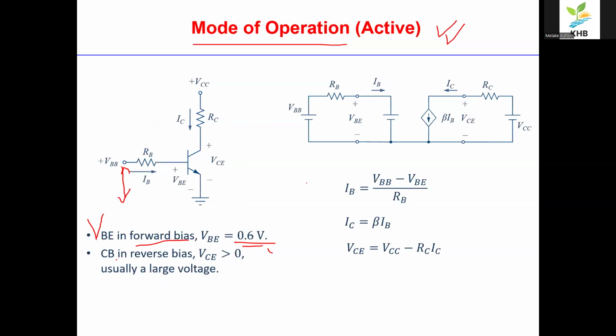And the voltage across CB, the collector-base, will be in reverse bias, greater than 0, usually a large voltage.